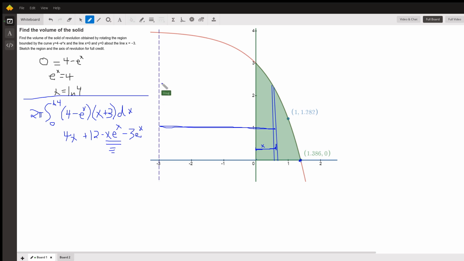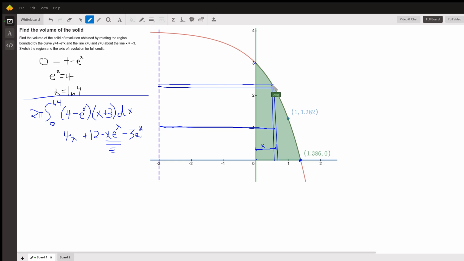Okay, the other way to do this problem is to use the washer method, which means we'd have a typical washer or disk perpendicular to the axis of revolution. And that would be pi times the definite integral from 0 to 3 in this case of outer radius squared minus inner radius squared.